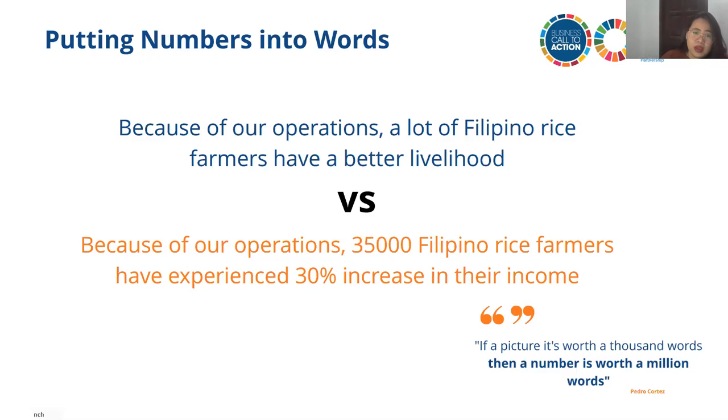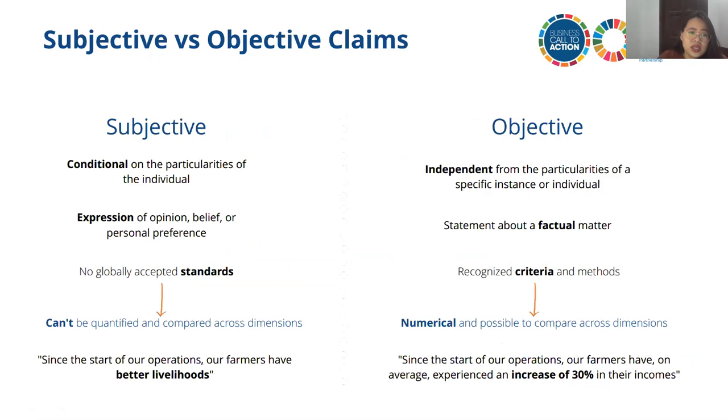Okay. So another one is subjective versus objective claims. So unfortunately, what I'm going to be telling you all about is what exactly is in the screen. Subjective and objective. As much as possible, you have to be objective, okay?